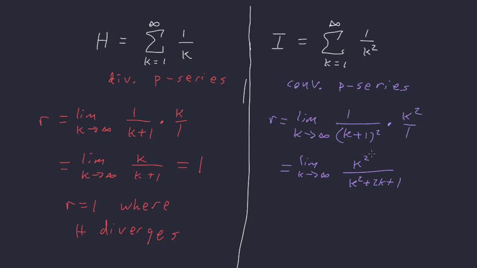Well, the highest power of k is still on the top and the bottom. They match, so this goes to 1. So this is another r equals 1 case where the series converges.